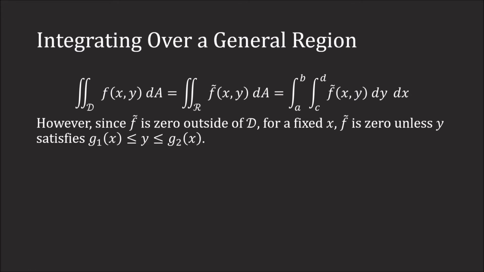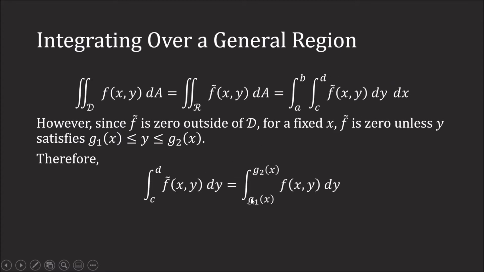However, since f tilde is zero outside of this region D, for a fixed x, f tilde is zero unless y satisfies this inequality. So, what we can actually do is write this inner integral as the integral from g1 of x to g2 of x of f of xy dy.